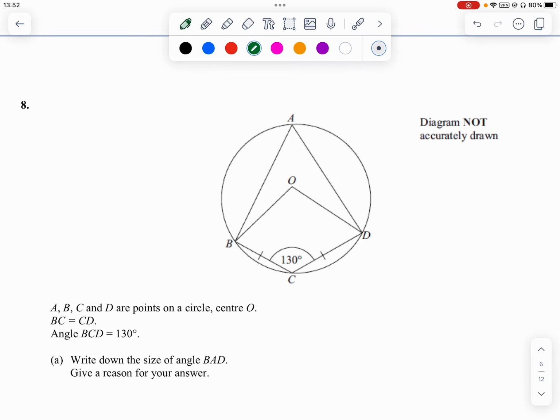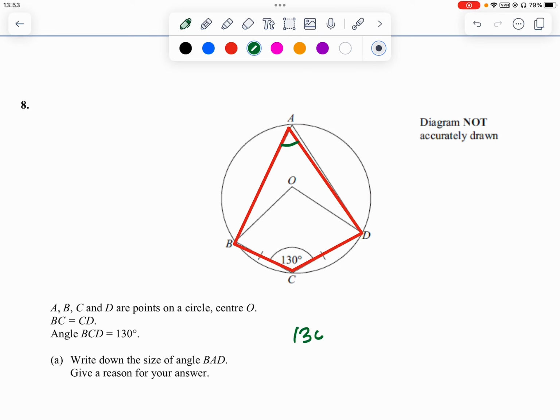Question number 8. ABCD are points on a circle with center O. BC equals CD. Angle BCD equals 130 degrees. Write down the angle BAD. So angle BAD will be equal to, so we know that ABCD is a cyclic quadrilateral. Sum of opposite angles is going to be 180 degrees.